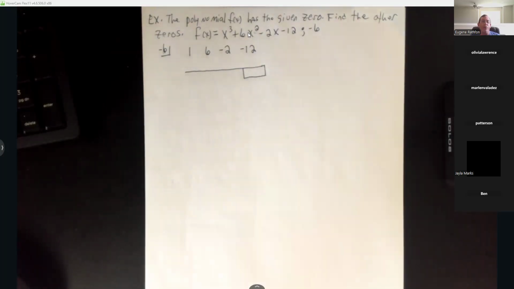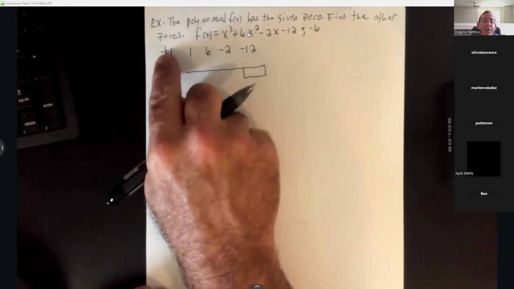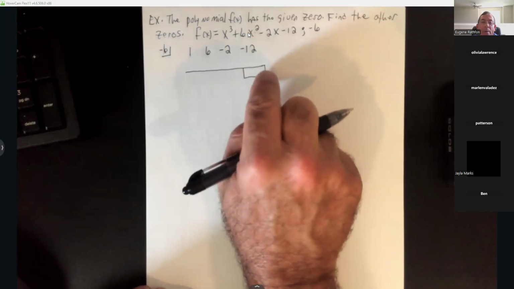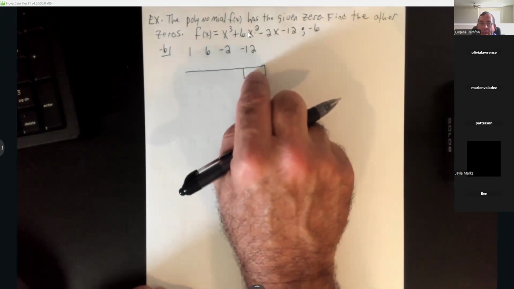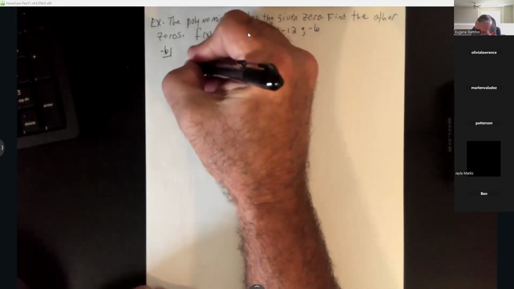So remember in 8.3, if it was a zero of the polynomial, then the remainder had to be what? Good job, Ben. It's got to be zero. Now, since they're giving me this as a zero, we better get a zero here, okay?